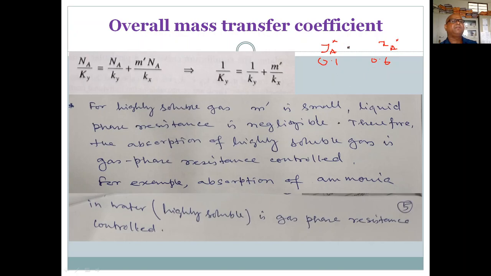Then what will be m? m will be 1 by 6, less than 1.